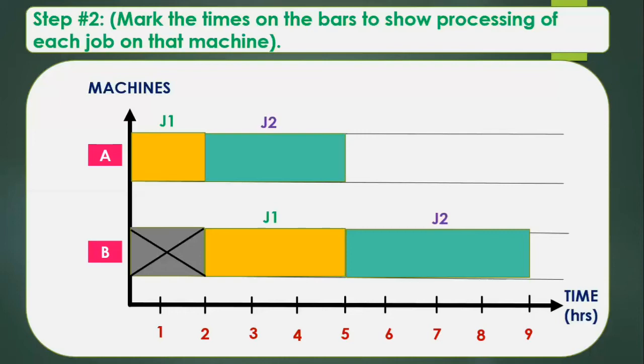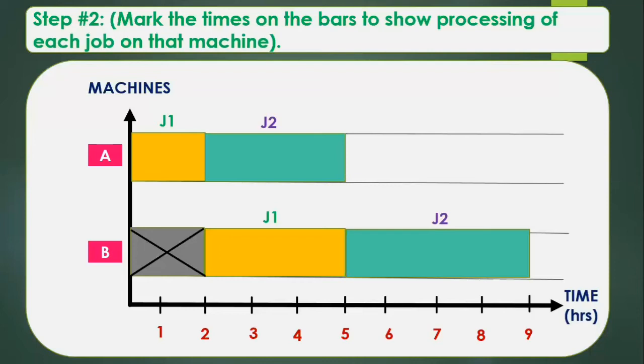Now, since we are done with machine A, job 1 will be processed on machine B. Since we stopped at 2 hours, our starting point is 2 hours. In machine B, it will take 3 hours to process job 1. So if we count from our starting point 2, we have 3, 4, 5. So job 1 is processed in 3 hours using machine B.